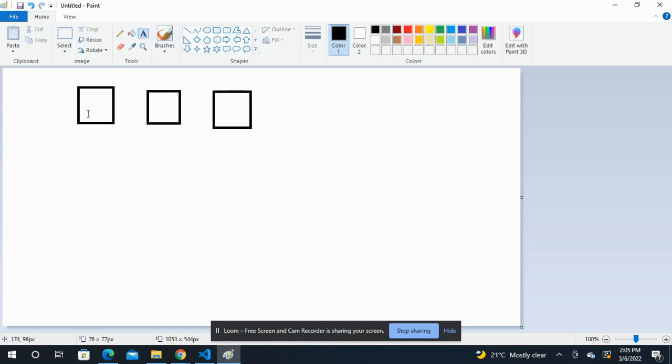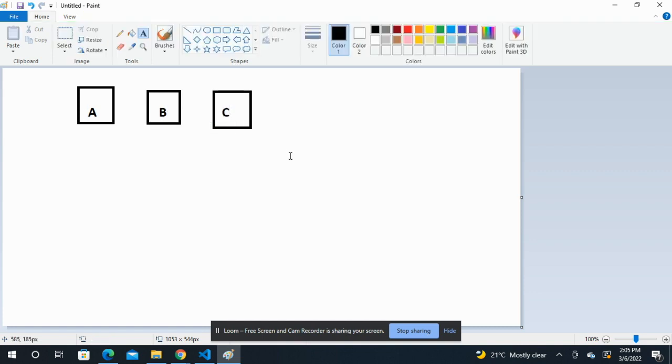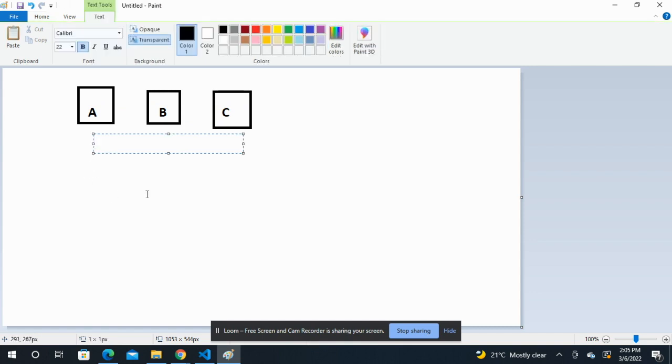So let's say that this table is for person A, this table is for person B, and this table is for person C, right? So we can rearrange it so that we have maybe A, C, B, maybe even C, A, B, or even C, B, A, and so on.